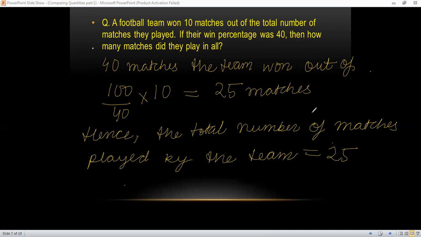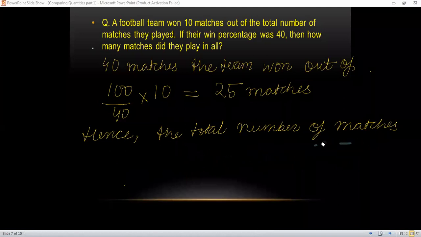So what I have done, I have taken 100 upon 40 into 10, by which I have got 25 matches. That means the total number of matches played by the team is equal to 25. Let's move to next question.